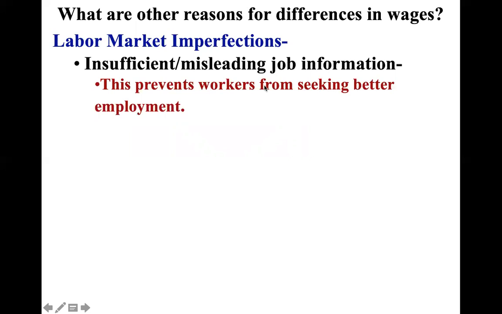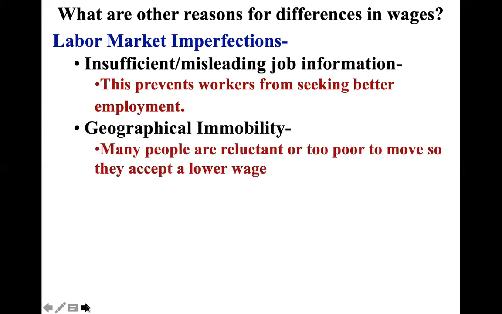A lot of times economists are going to say these labor markets aren't as competitive as we've shown in the slideshow because workers can't see enough information. If there's misleading job information or wage information is not available to workers, then they're not going to be able to negotiate or earn the wage that they should be. So asymmetric information, especially for workers, is going to create some labor market imperfections.